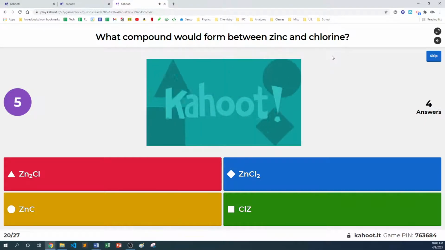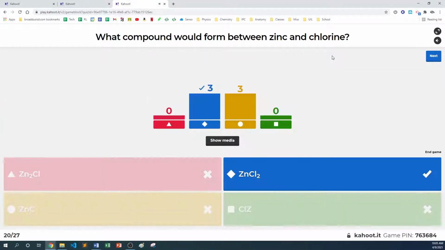Well, regardless, there's only one possible answer. First of all, this is carbon down here. How can you do zinc and chlorine and get carbon? And what in the world is Z? Z is nothing. So obviously these two are wrong.